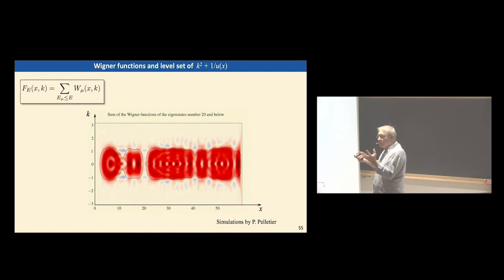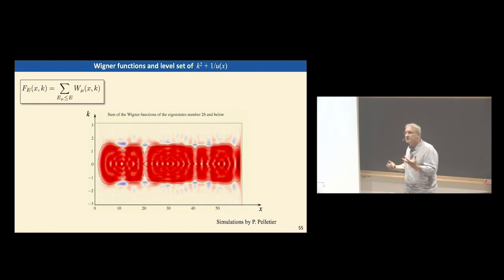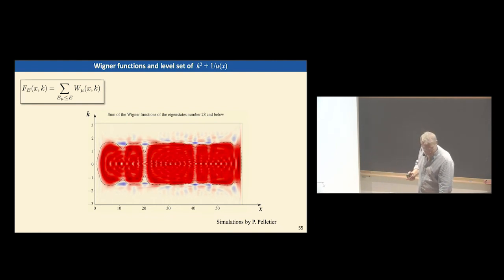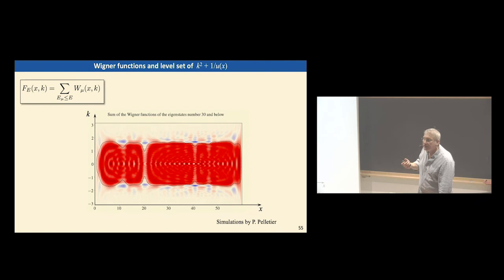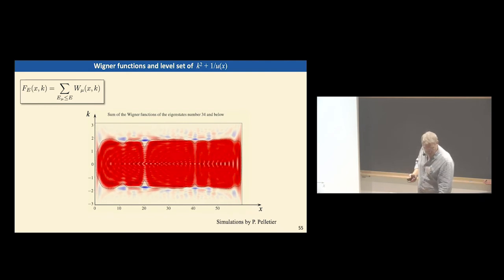You have a very good control, in fact, of where your eigenfunctions are in phase space. And if you have that, you can use it to make predictions, to make computations.